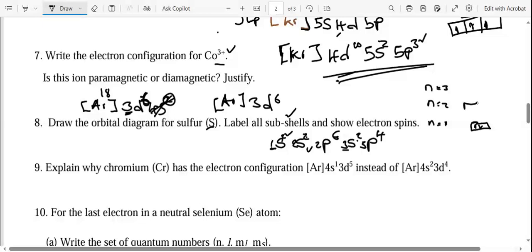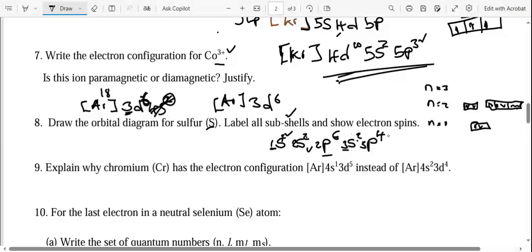Coming to n equals 2, we have there 2s with 2 electrons as well filled. Then in the same n equals 2 we have also p. So we have p there. You put now all the 6 electrons there, you pair them like that. Okay, it's not clear, but just to get the sense from it.